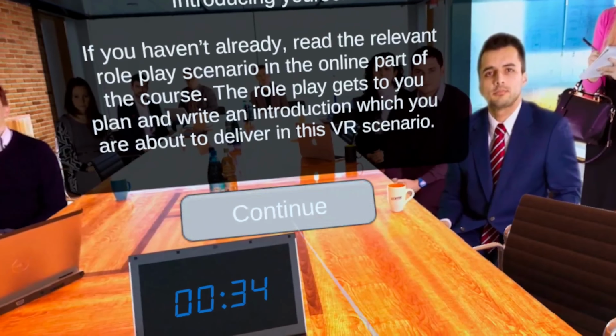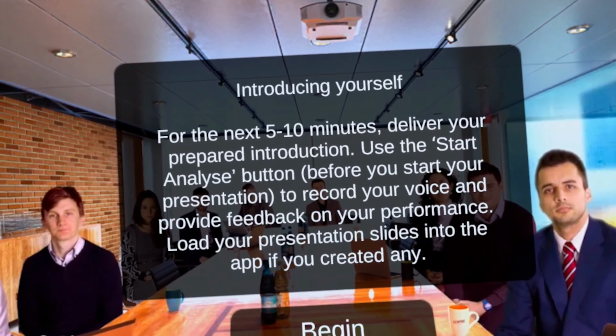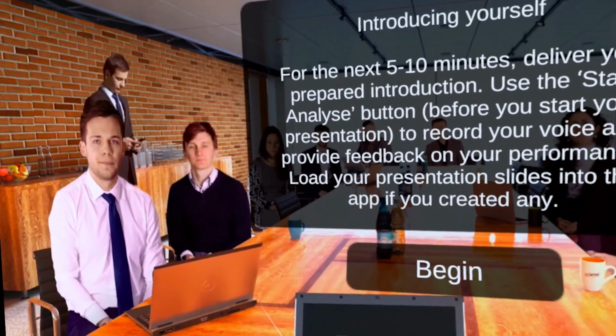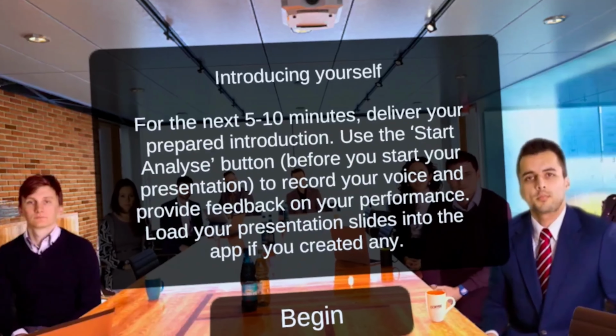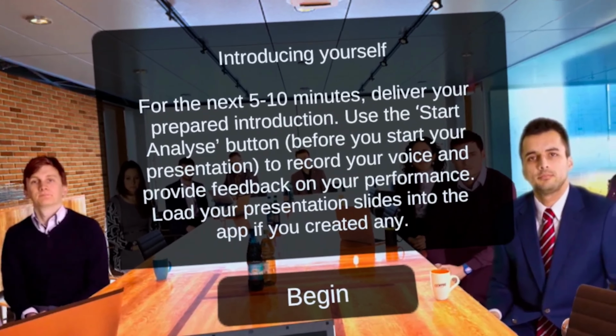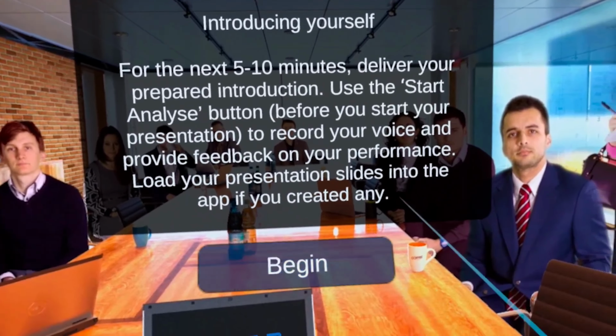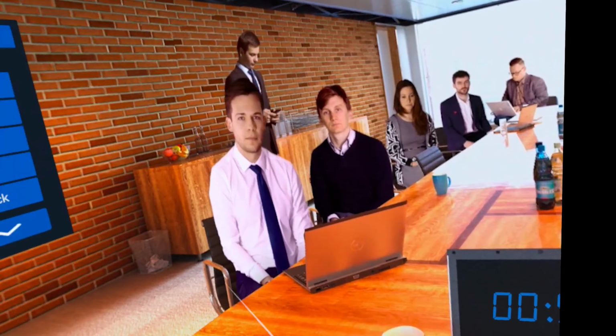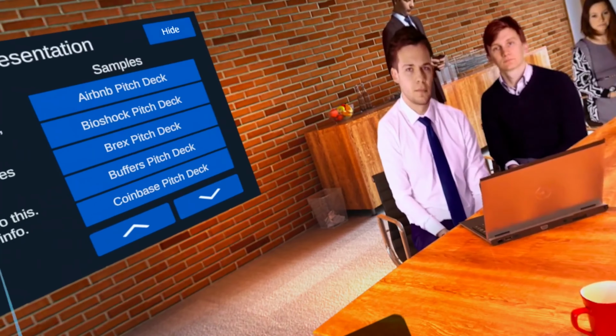Then for the next 5-10 minutes, deliver your prepared introduction. Use the start analysis. Before you start, record your voice and provide feedback on your performance. Load your presentation styles if you have created any, or your presentation slides. So again, same kind of concept. We have seen this particular experience before with everybody there and everything, but we haven't yet seen it in a way where they're doing a module on the online course where you have an intro that's being prepared according to a certain format.